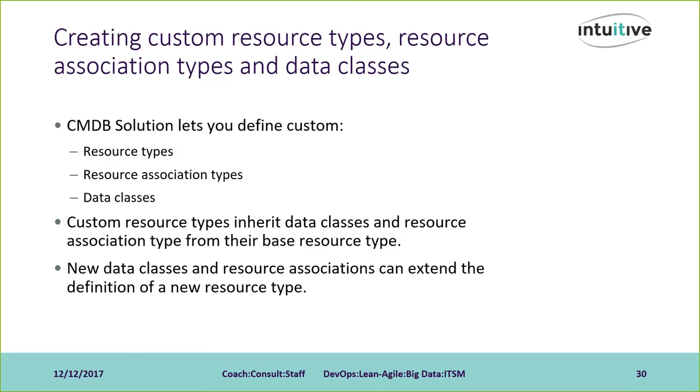So in a few environments, the predefined resource types are sufficient, but again, we may have the need to build those out. Custom resource types are created with that base resource type that we define, and will inherit the data classes and resource association types from those base resources.